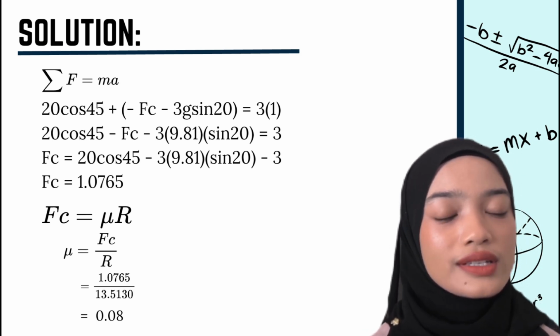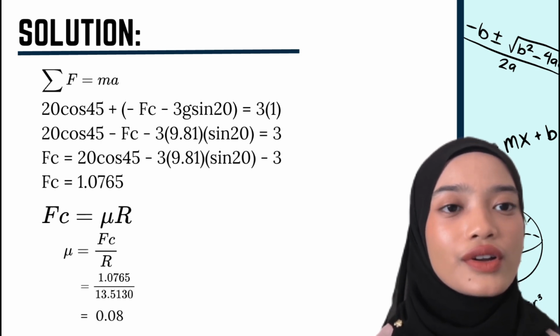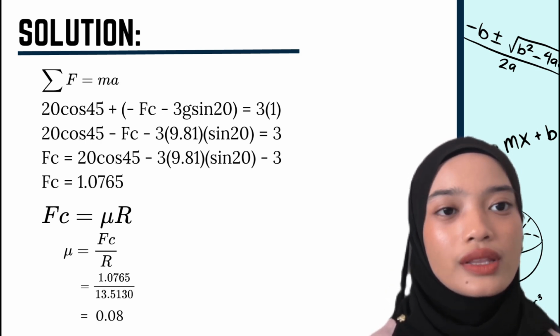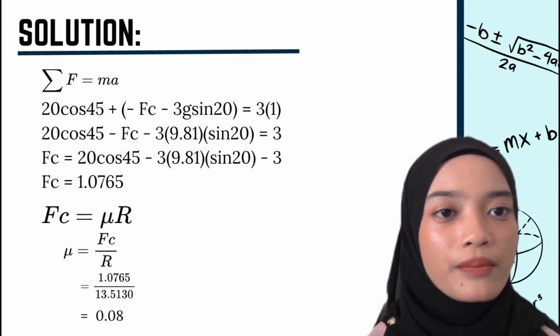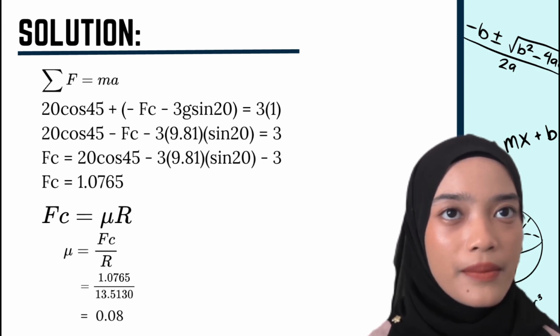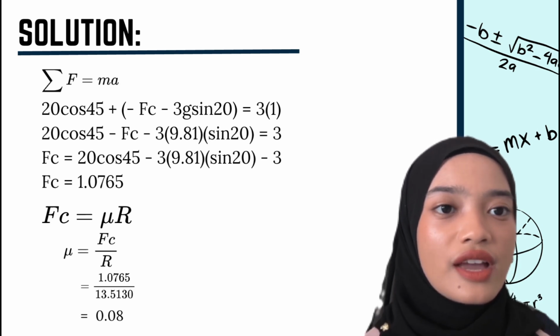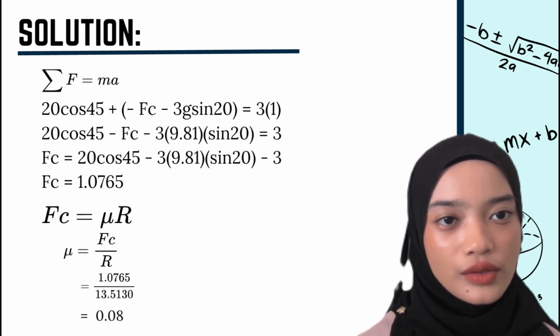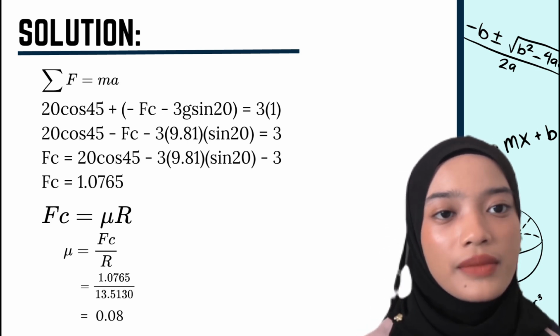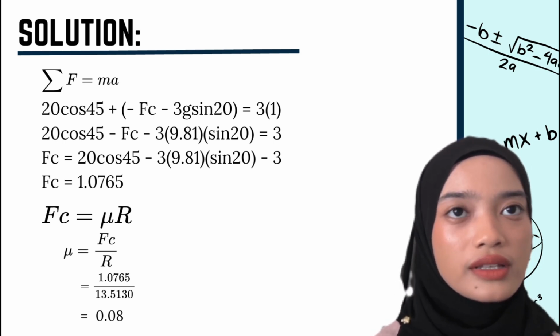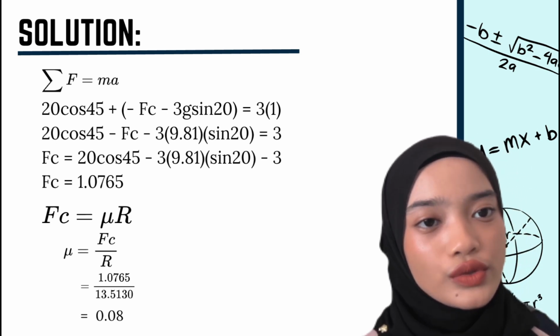Hence, the equation of total force on the horizontal line equals ma is 20 cos 45 minus Fc minus 3g sin 20 equals 3 times 1. So 20 cos 45 minus Fc minus 3 times 9.81 sin 20 equals 3.